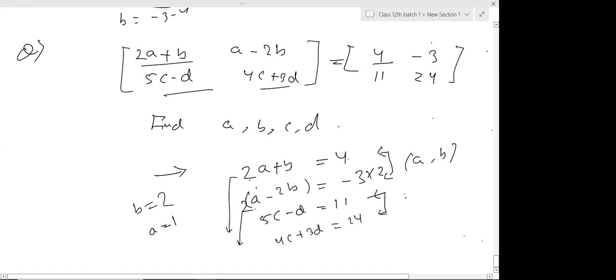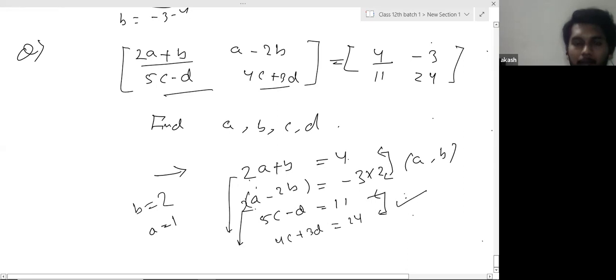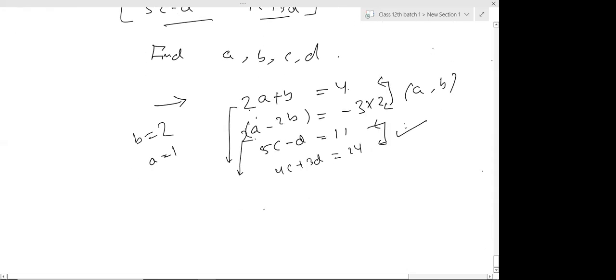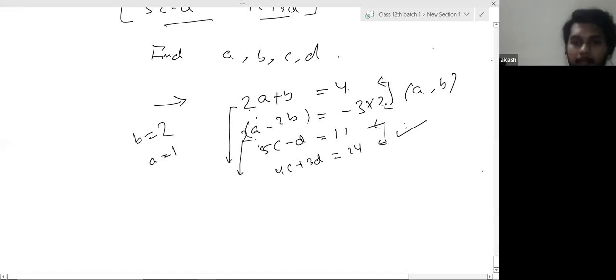All right. So you can solve these two equations also, right? Sir, can you solve and find the value of C? I am having doubt there. Let's see. You can multiply this with 3 and add. So we have 15c minus 3d equals 33, and 4c plus 3d equals 24.